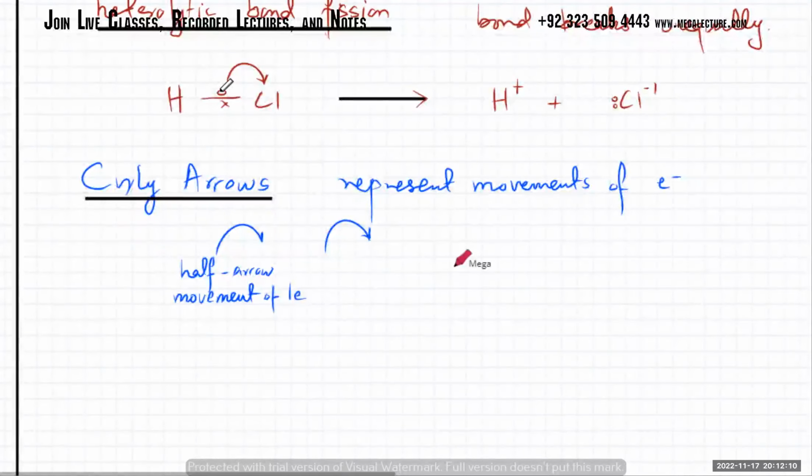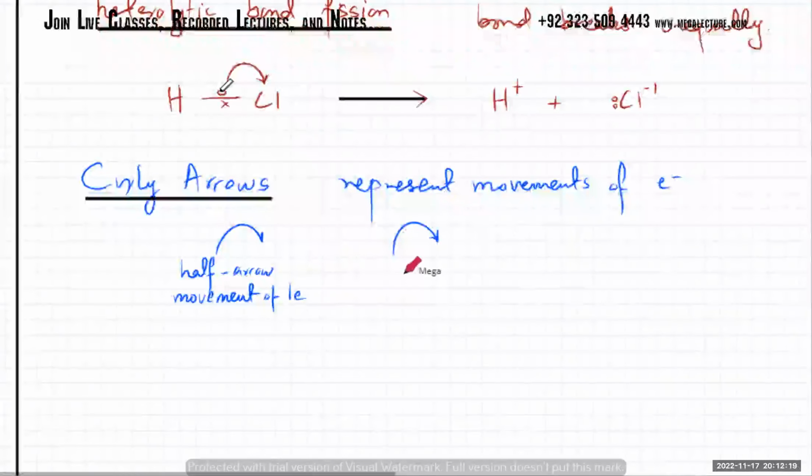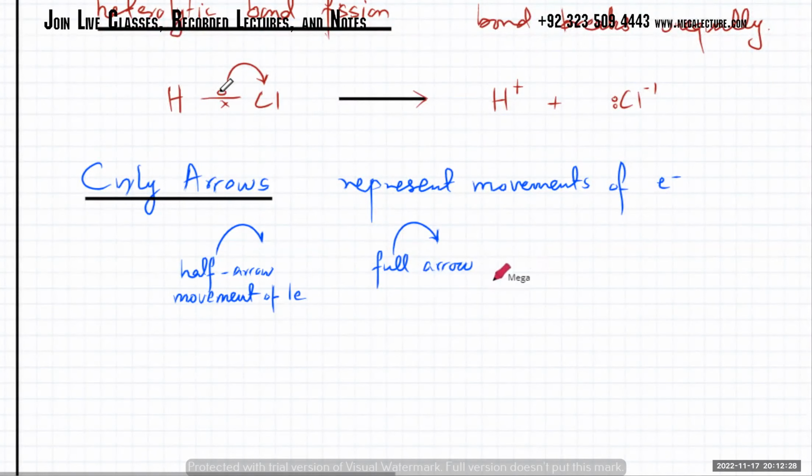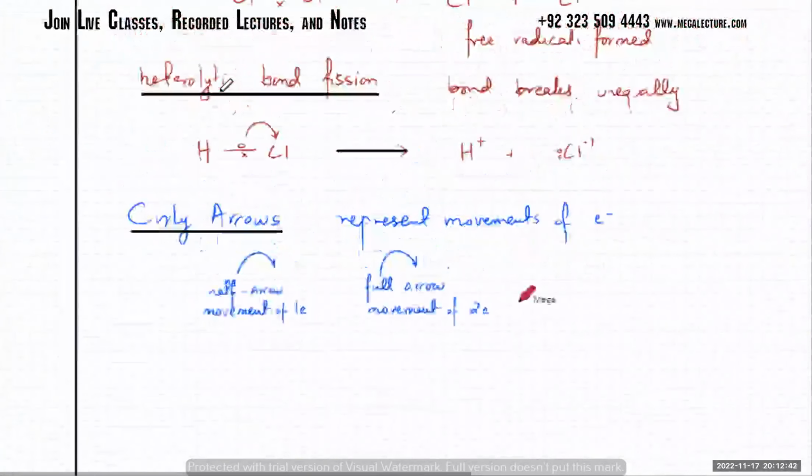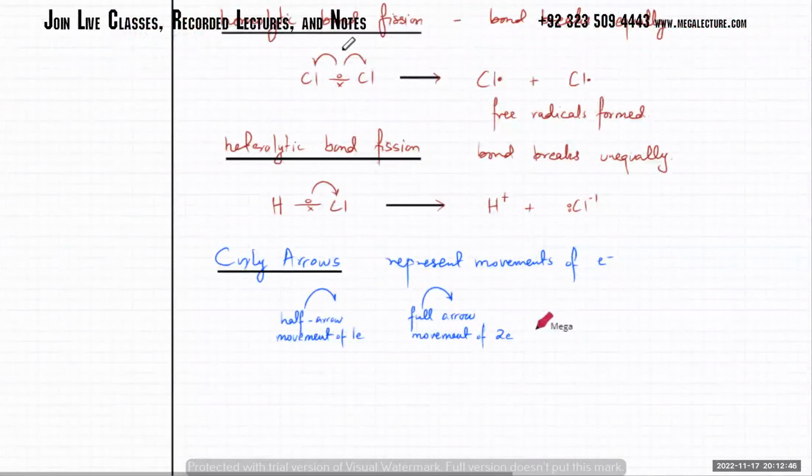This other one, the full arrow, represents the movement of two electrons. Remember that as well. As shown here, one electron going to one side and one electron going to the other side, that's half arrows. Two electrons going to one side, that's a full arrowhead.